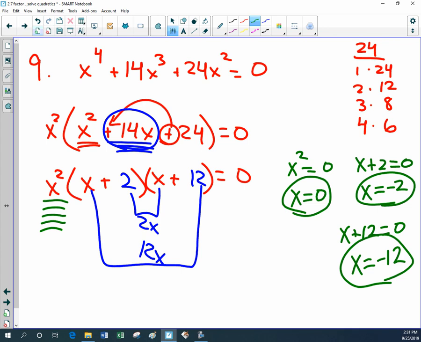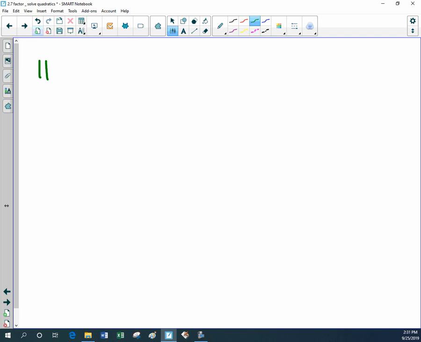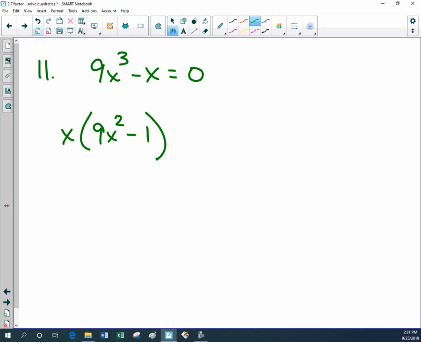Okay, and then the last one we're going to do here together is number 11. On problem number 11, we have 9x to the third minus x equals 0. Okay, both of these terms have an x in common, so we factor out an x. So that'd be 9x squared minus 1. Okay, I've had some students today struggle with that part right here.